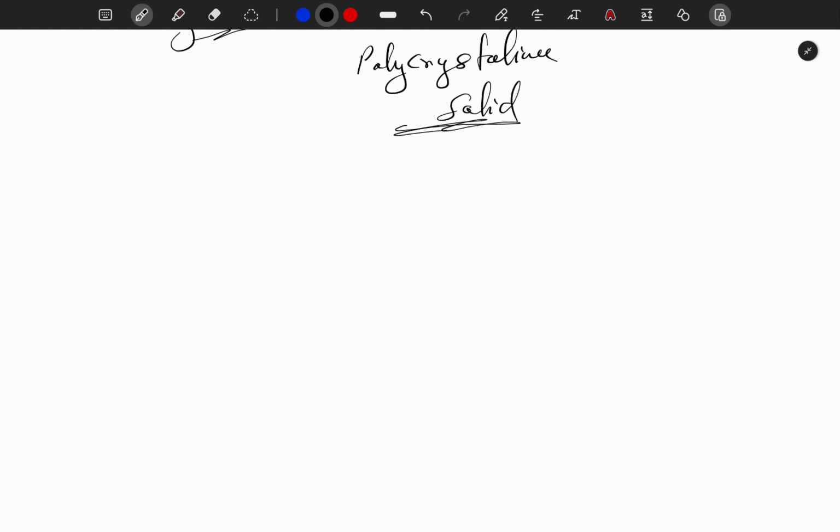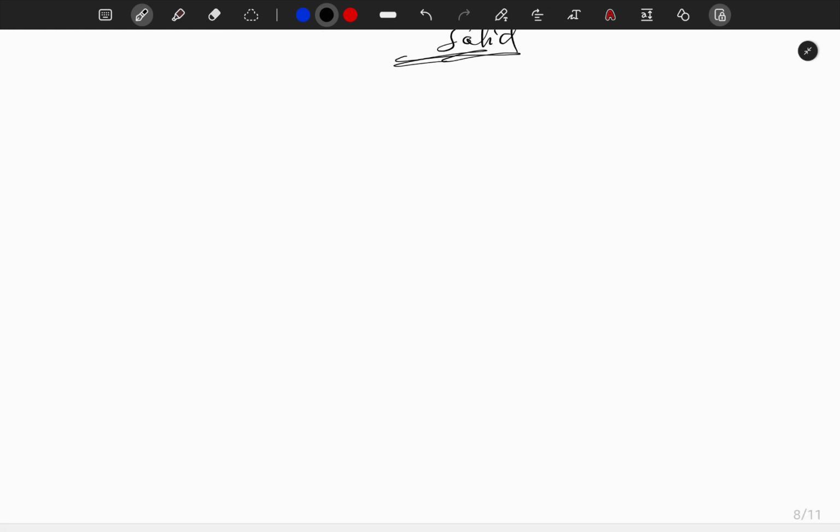So now the question arises, why do we have to know these different types of materials? What if we do not bother whether this is an amorphous solid, this is a crystalline solid, and this is a polycrystalline solid? What is the reason that we should know what type of solid it is? Let's discuss this question.